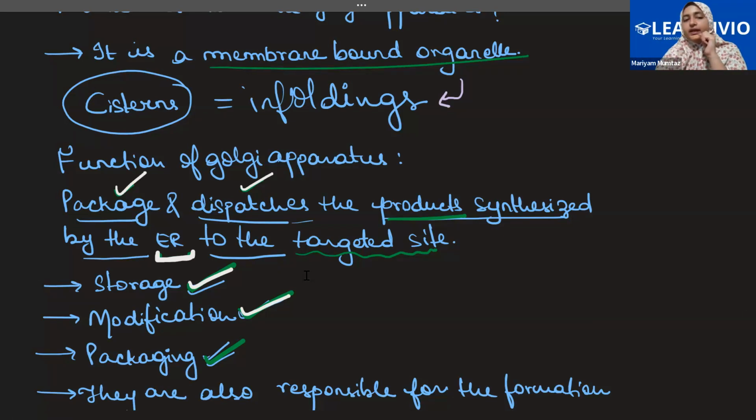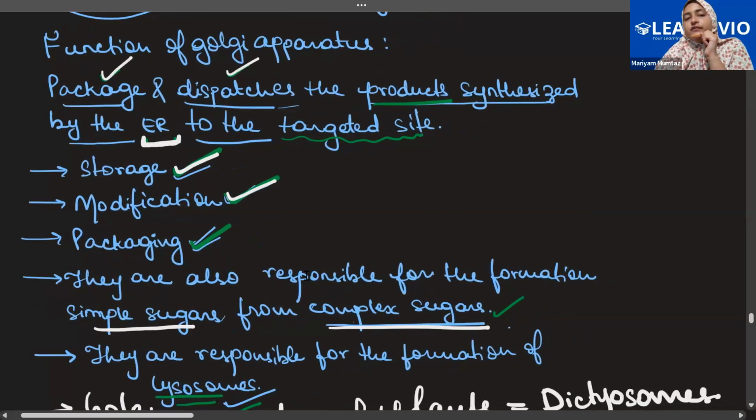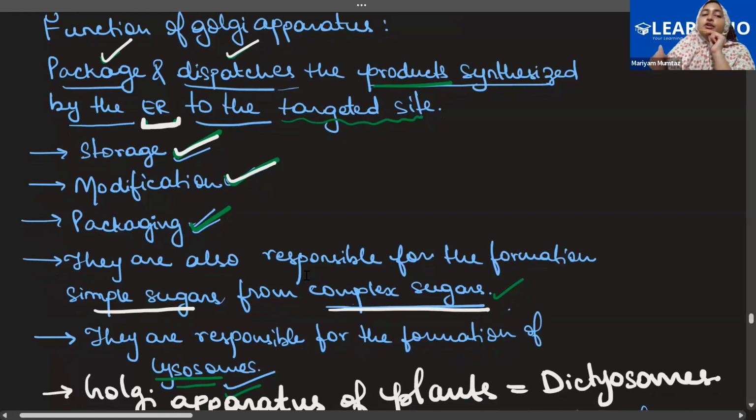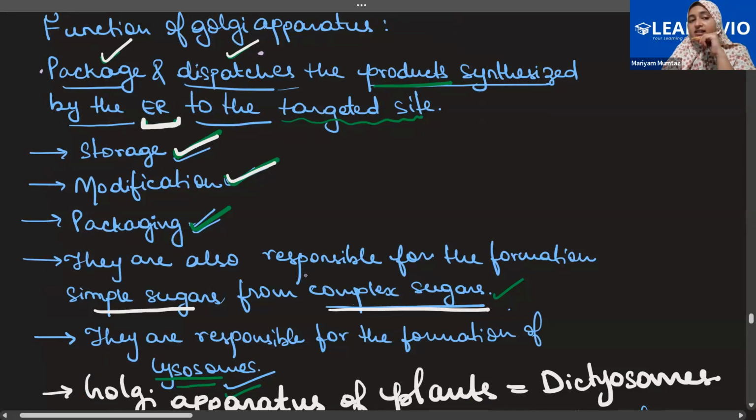Now talking about the functions of the Golgi apparatus. What it does is the process of packaging and dispatching the products which are synthesized by the endoplasmic reticulum.